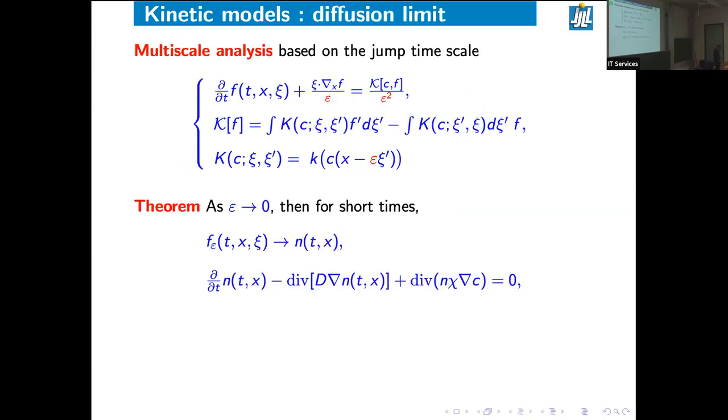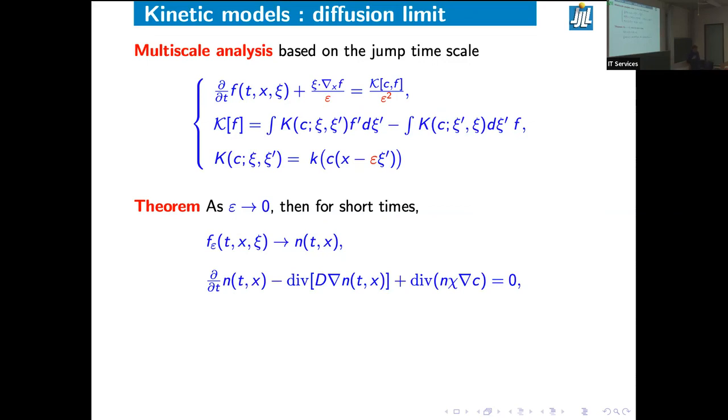So if you do that, you have your small parameter. You can use the standard machinery. You rescale. You do a diffusion scale. You create this diffusion limit, and after working a little bit, what you find is that the solution f epsilon will lose its dependency on the velocity. So the distribution will be uniform on the ball, on the sphere, and the macroscopic quantity satisfies the Keller-Segel equation.